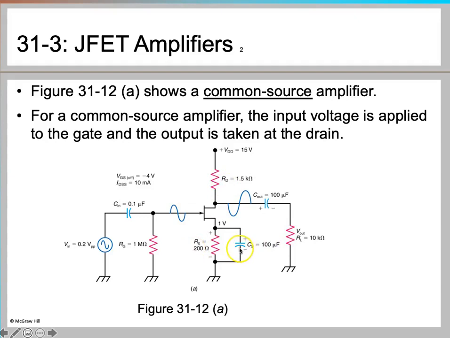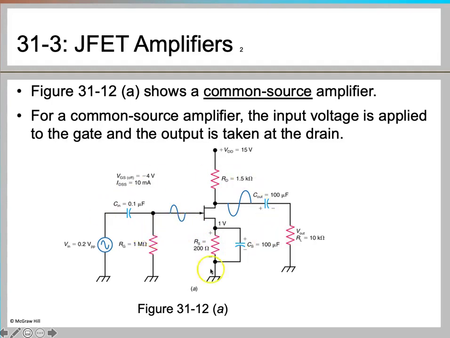Then you have the bypass capacitor, CS, and the coupling capacitors, C out of 100 microfarad and Cn of 0.1 microfarad, and then a load resistance of 10 kilo ohm. The resistance between the gate and the source is very high in this case, which is what I said before: it has high input impedance.